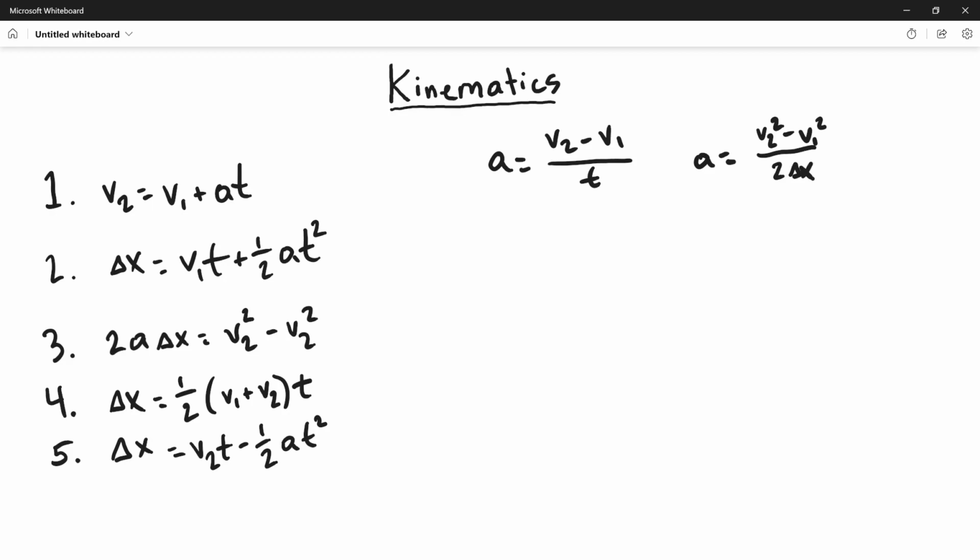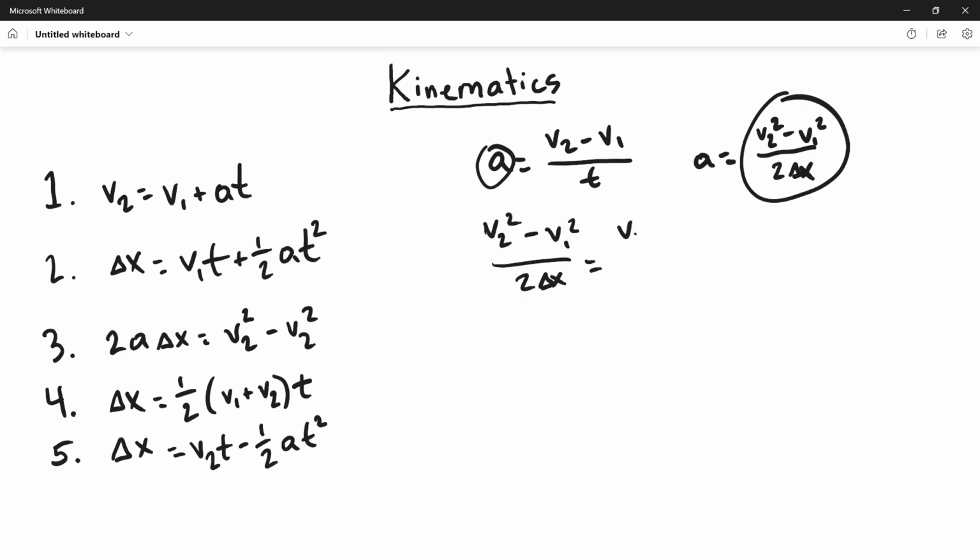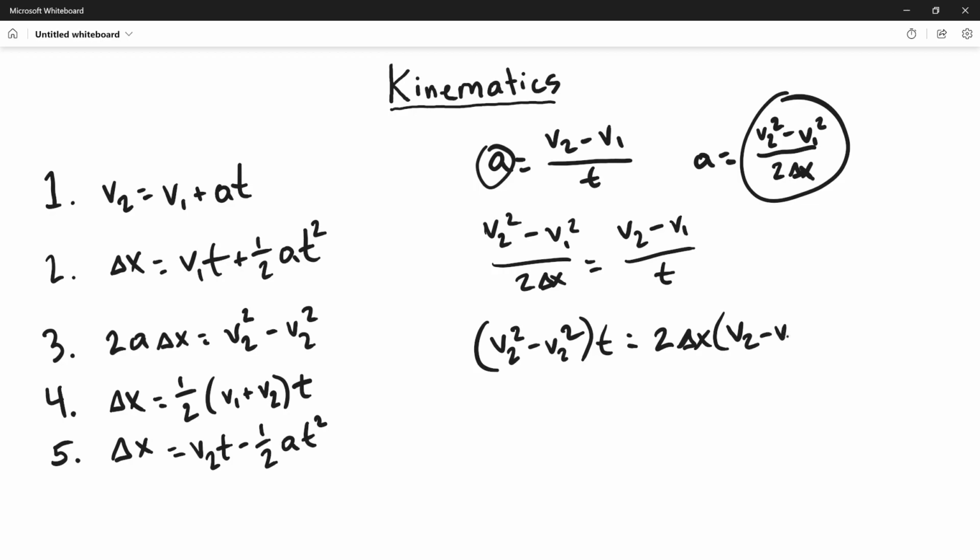And now we can swap these 2 for each other, make them equal to each other. So you have v2 squared minus v1 squared divided by 2 delta x equals v2 minus v1 divided by t. Now we can cross multiply. v2 squared minus v1 squared times t equals 2 delta x times (v2 minus v1).